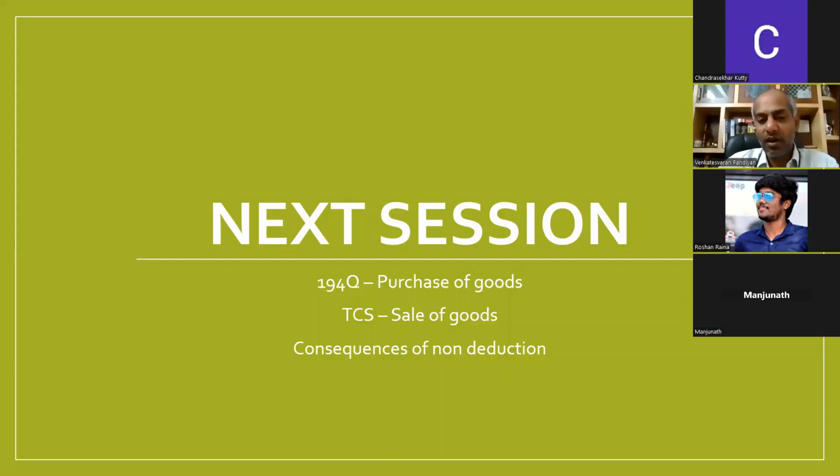And then we'll also talk about consequences of non-deduction. Somebody in the last session was asking about 194Q, so we will be talking about it. I will also touch upon 194R, because we have already done a separate full session on that, but we'll also try to cover the summary of that in the next session as well.